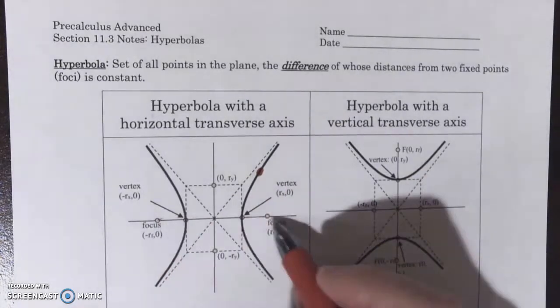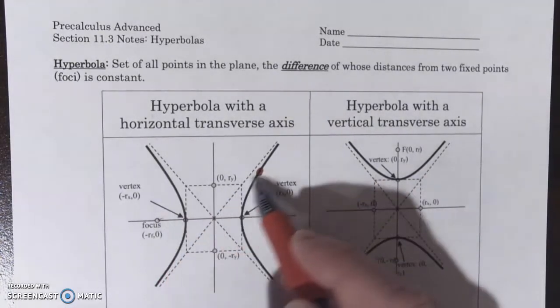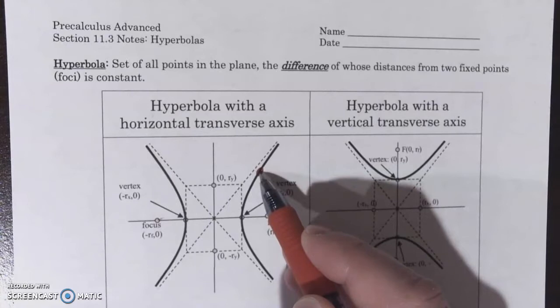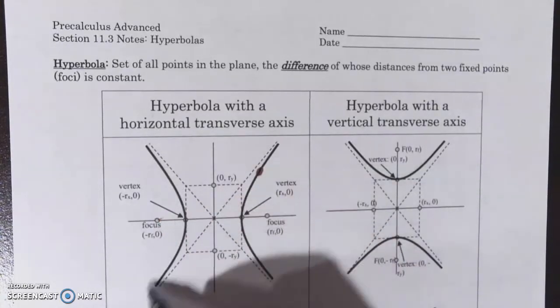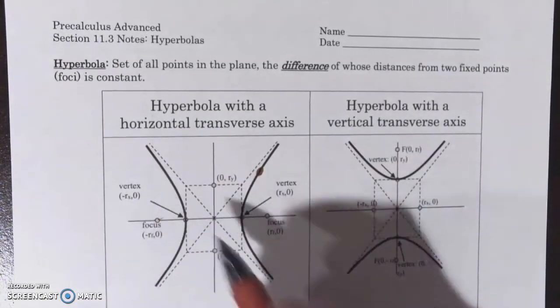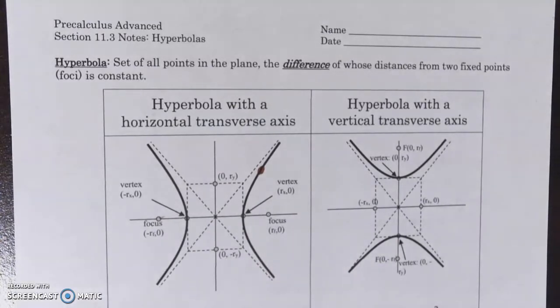So subtract this distance from that distance, you would get a constant number, and every single point on here would have that same value if you were to subtract those distances, okay?